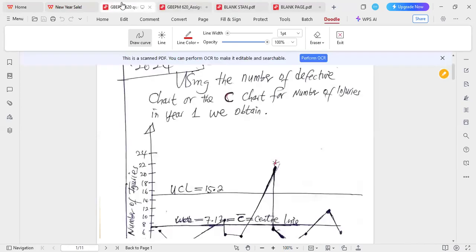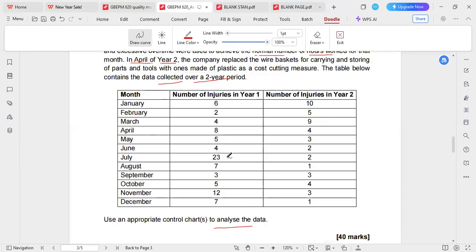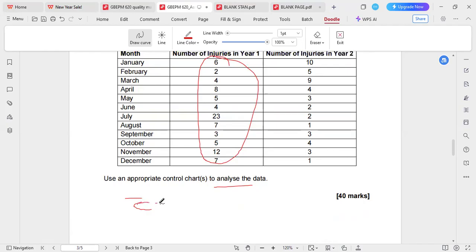Okay, so now getting down to the first year, we have this information. When finding C bar, it is equal to the summation of C over N, the number of defects.